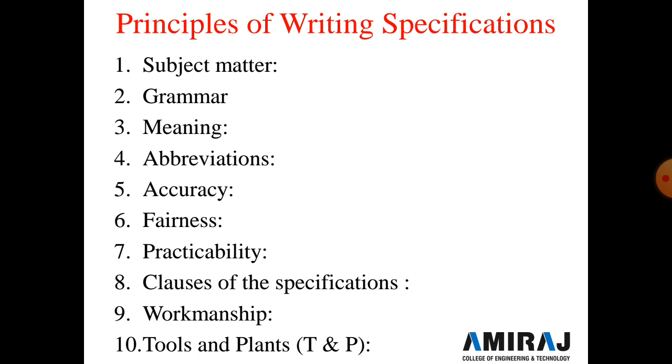Now the fifth point is accuracy. The information given in the specification should be complete, otherwise the contractor may claim extra cost for damage occurring to him by misleading information supplied by the owner. Now the sixth important point is fairness.